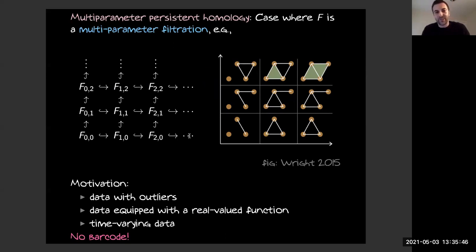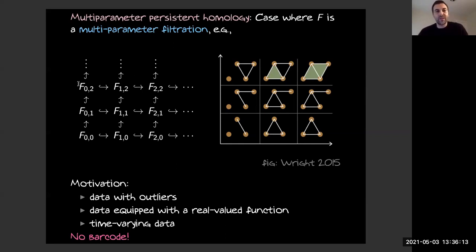For example, this grid-shaped diagram of topological spaces over here. You guys can see my mouse move, can't you? Okay. Yep. And just as in the case of ordinary persistent homology, we can apply homology with field coefficients and get a diagram of vector spaces of the same shape.